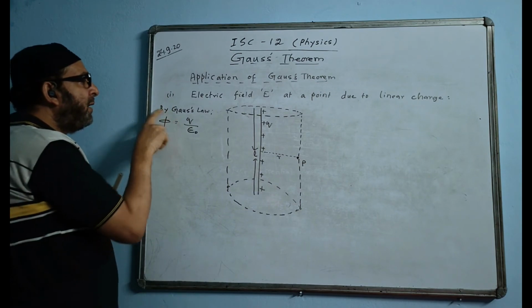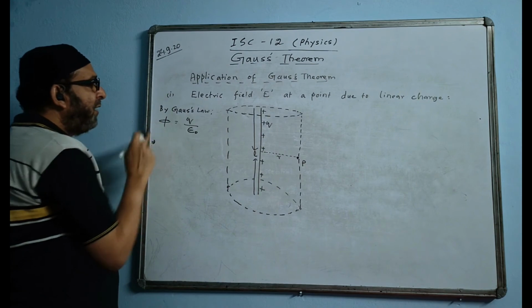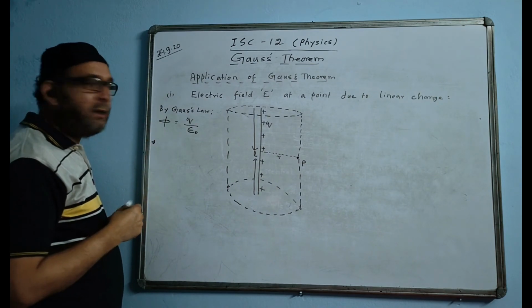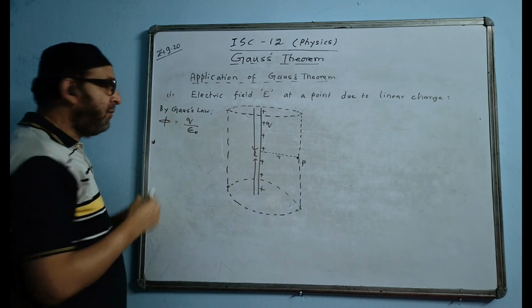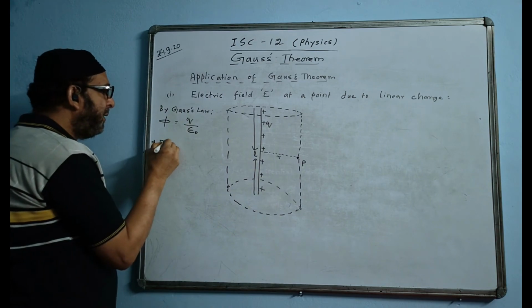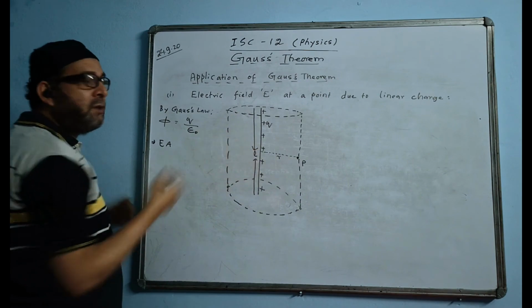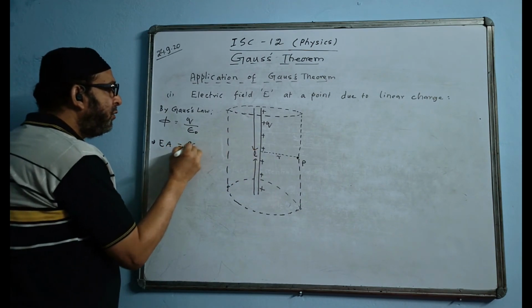This is the equation I am writing from Gauss's law. This phi value, according to the definition, is E into A and cos theta. But theta is 0 degrees, cos 0 degrees is 1. So the phi value you can write directly as E into area, because for a Gaussian surface theta is always 0 degrees. So E times area is equal to Q by epsilon naught.